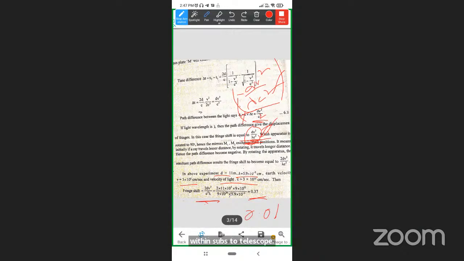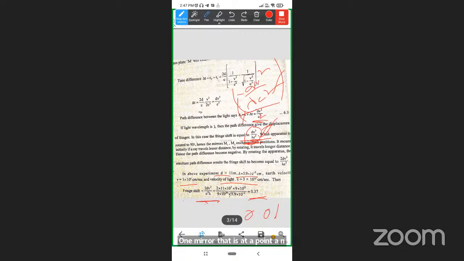When the Michelson-Morley experiment apparatus is arranged on the earth, due to the motion of the earth, the optical paths traveled by the two rays are not the same. So the reflections at mirrors M1 and M2 do not take place at the same points. The mirror at point A changes to A dash, and similarly B changes to B dash.